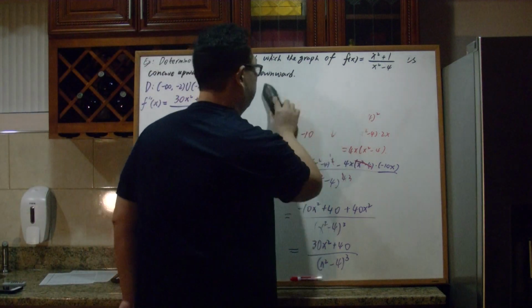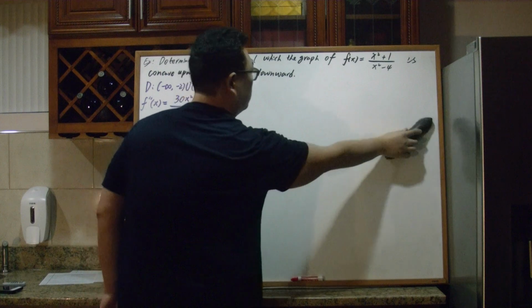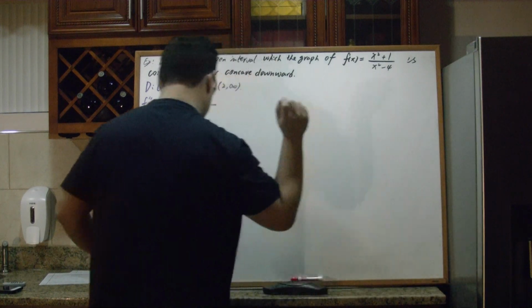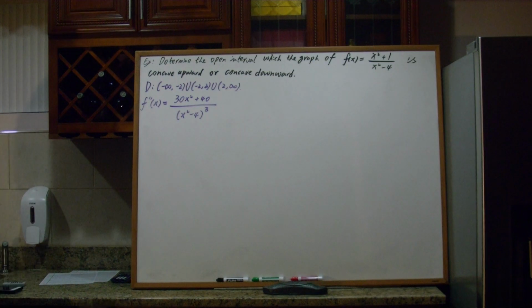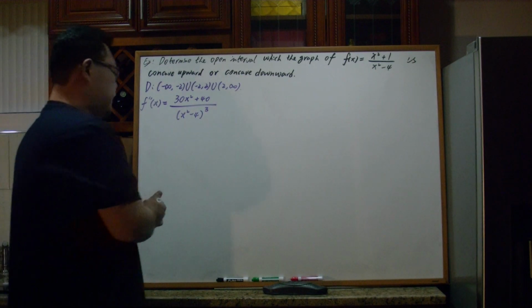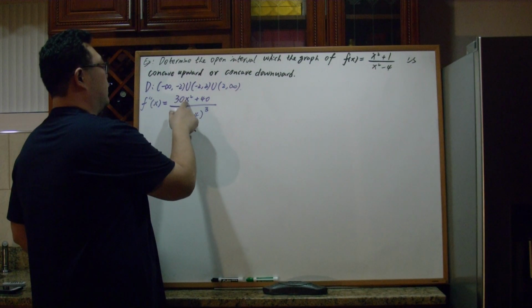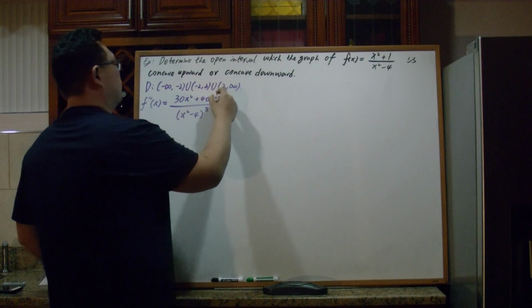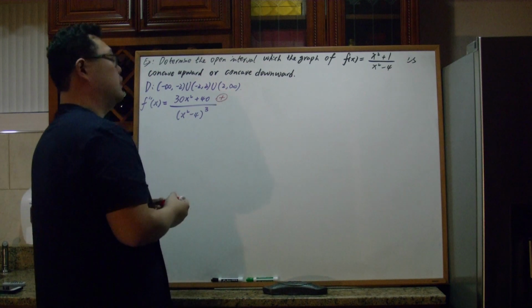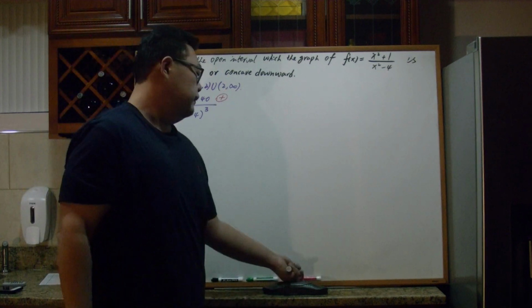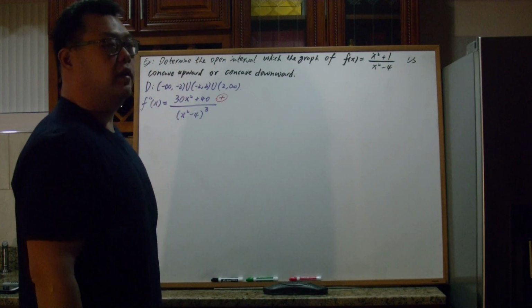Clearly, we observe the numerator: a positive number times a non-negative number plus a positive number. For sure the numerator is positive.